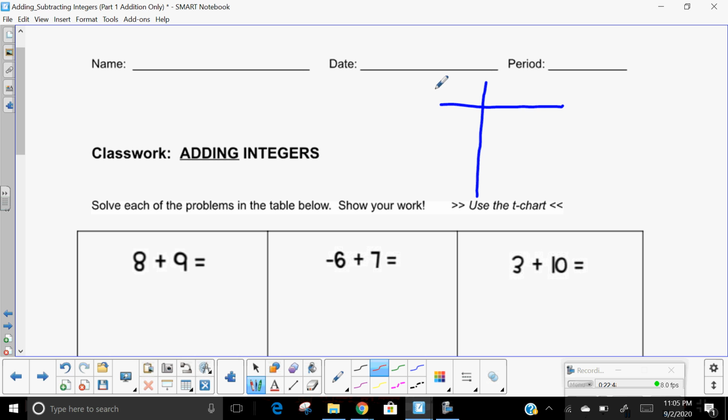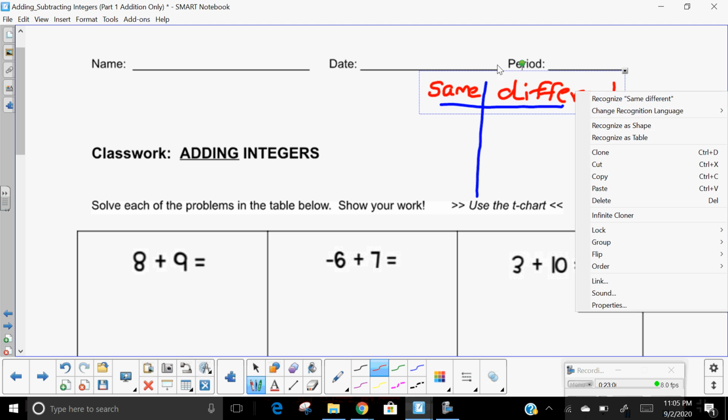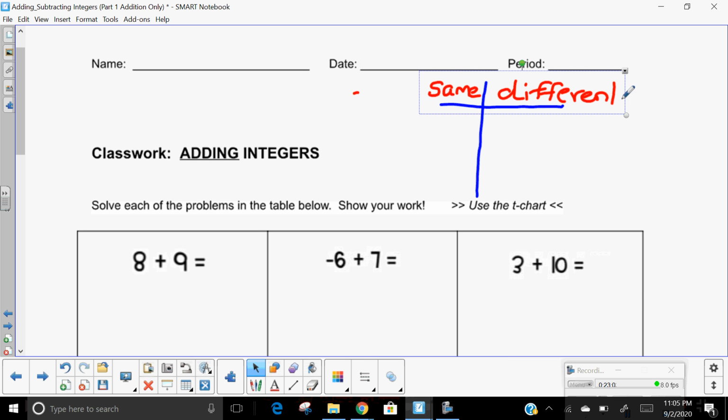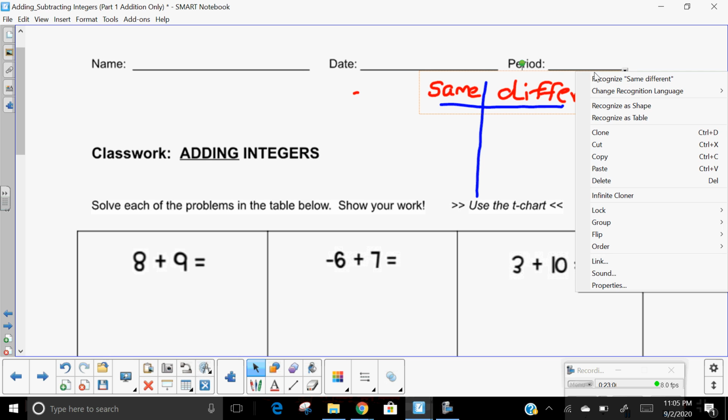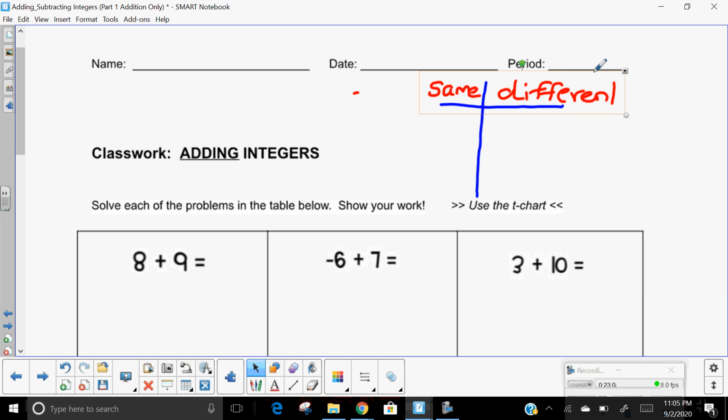So we're going to say, do they have the same or different signs? And then sing the song. Sorry about that. I'm not sure what this is doing.